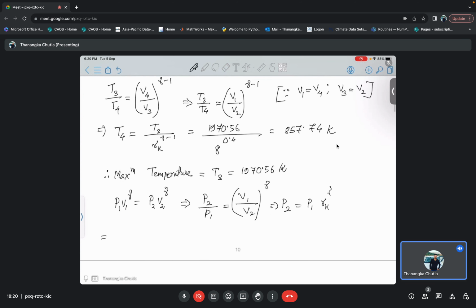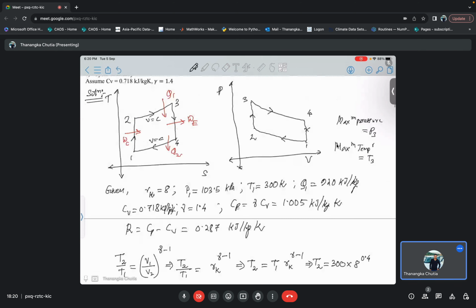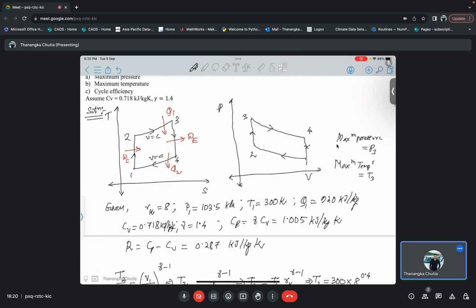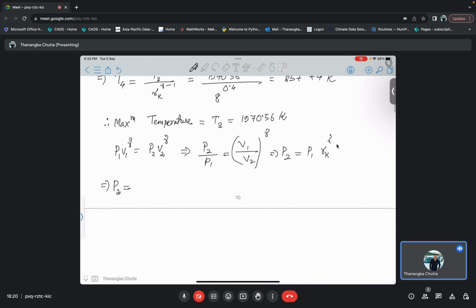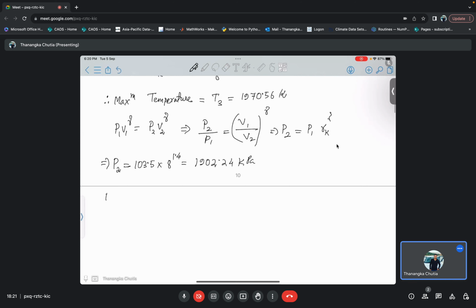So P2 is equal to P1, which is 103.5, into Rk, which is 8 to the power 1.4. So 103.5 into 8 to the power 1.4 is equal to 1902.24 kilopascal.